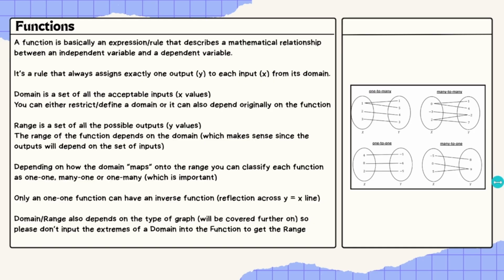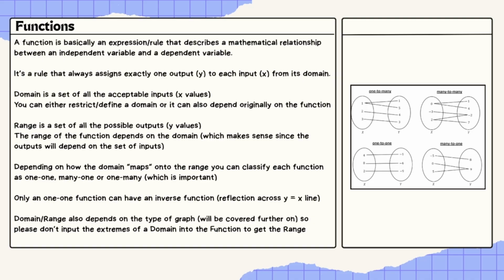Now, for many-to-one, it means for multiple values of x, there would be a single value of y. The best example for this would be a parabola, or in other words, a quadratic, which is x squared, because for multiple values of x, you would get the same y value.